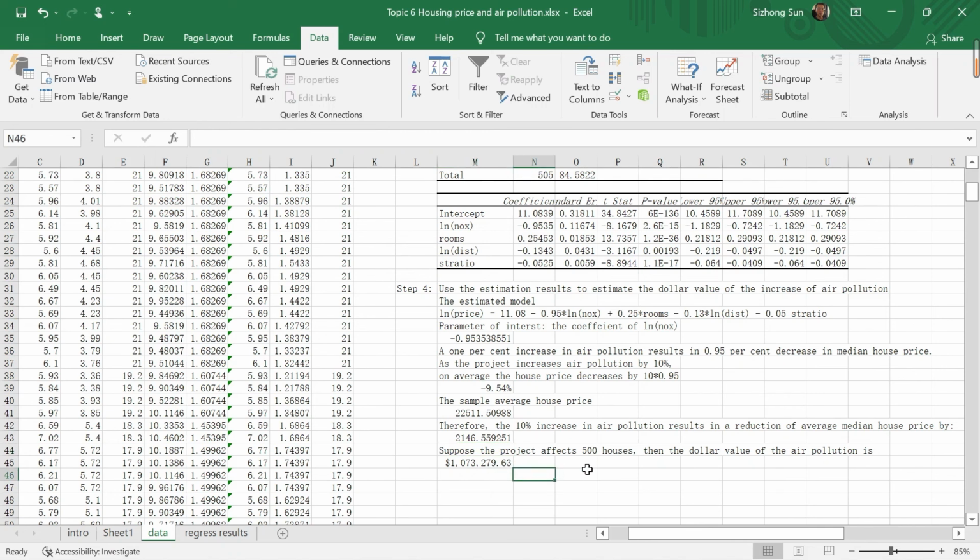Then we suppose that the project affects 500 houses, a parameter we can estimate from the data we have. Then the dollar value of the air pollution is 2,146 times 500, which is over $1 million.